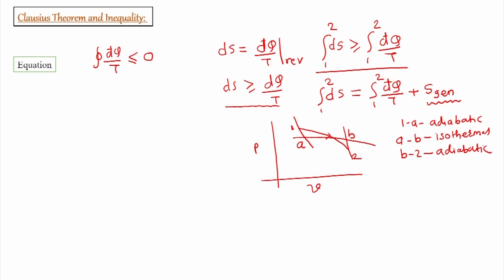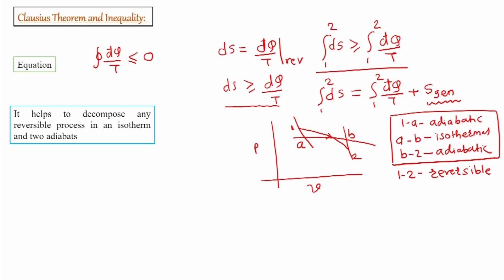So, the process which is a general reversible process got decomposed into 3 processes which have 2 adiabats and 1 isotherm. So, this is what we are telling, that we have help from Clausius inequality, that it helps us to decompose the reversible process into multiple things.